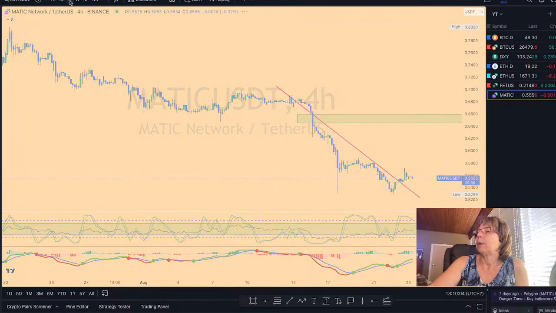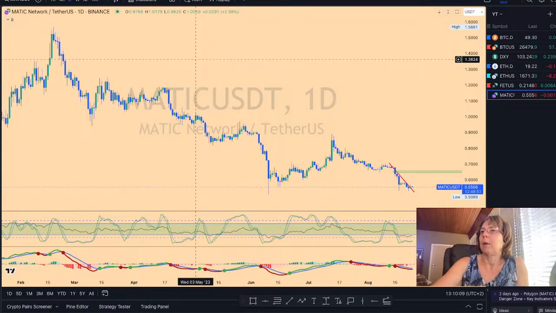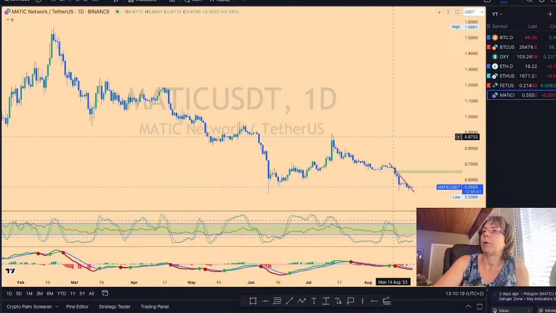If we look at Matic on the daily, you will see it's really at a low at the moment. It is on a huge sell. So if you can buy Matic and just hold on it, park it for a while, over there is another big imbalance, and obviously to the upside over there are a few as well, but there's nothing blocking Matic from going up.